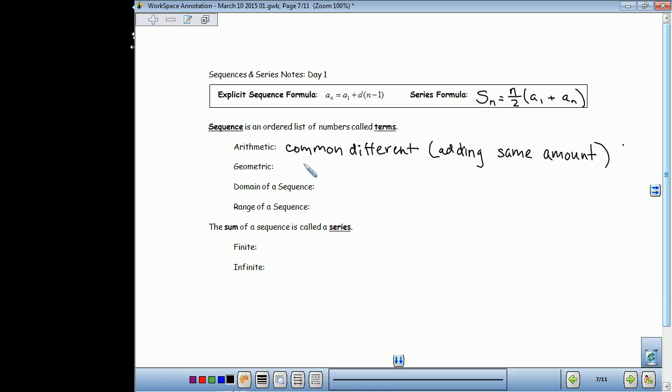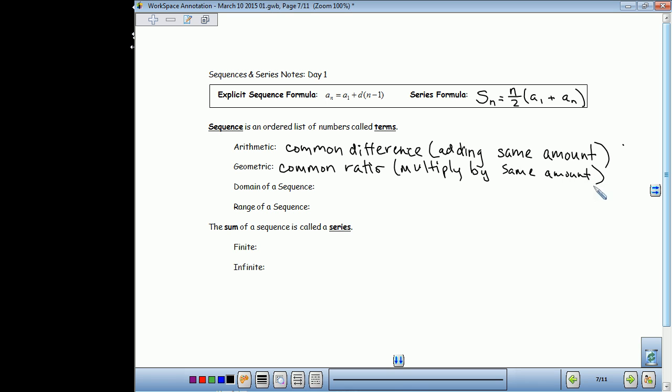Okay. Geometric. We don't have a common difference. We have a common ratio. And basically, we multiply by the same amount every time.